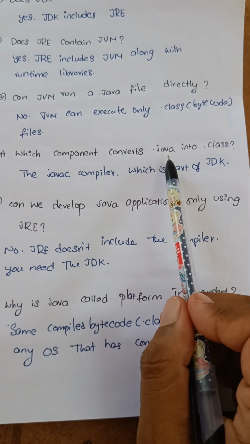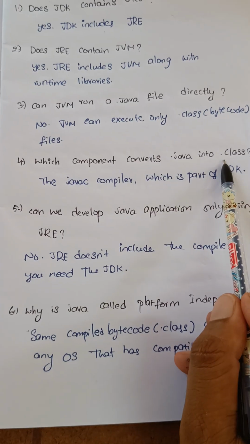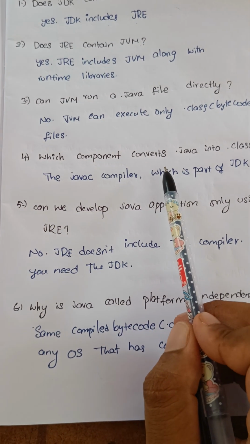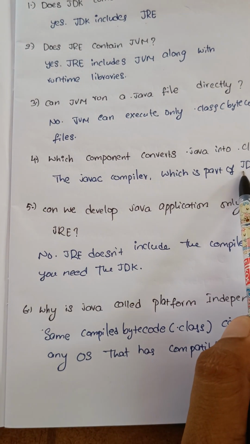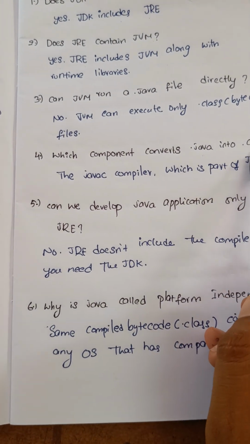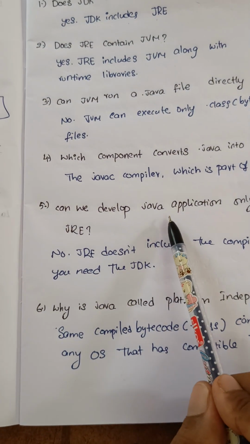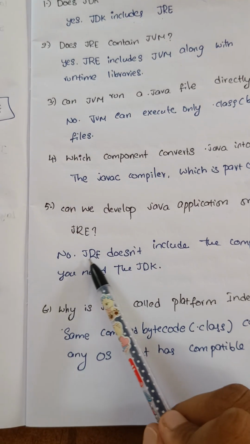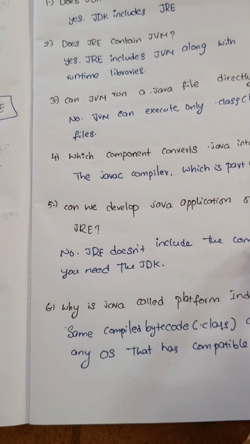Which component converts the .java file into a .class file? The javac compiler, which is part of JDK, converts the .java files into .class files. Can we develop a Java application using JRE? No. JRE does not include the compiler.